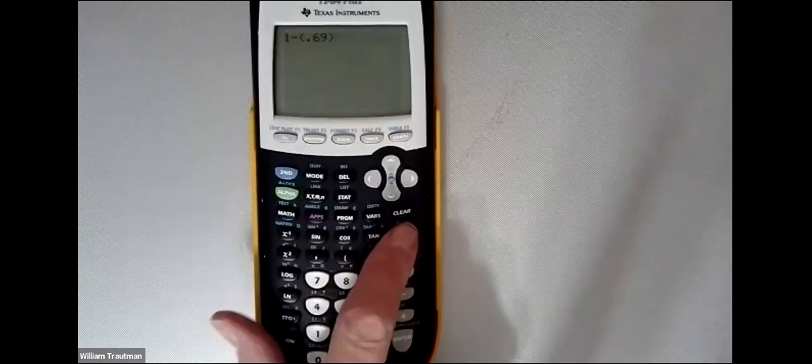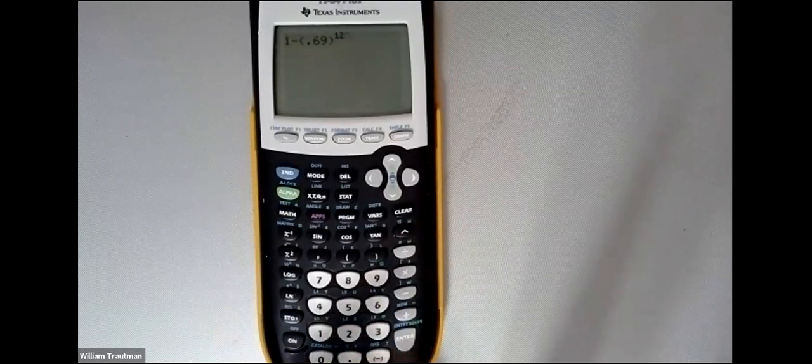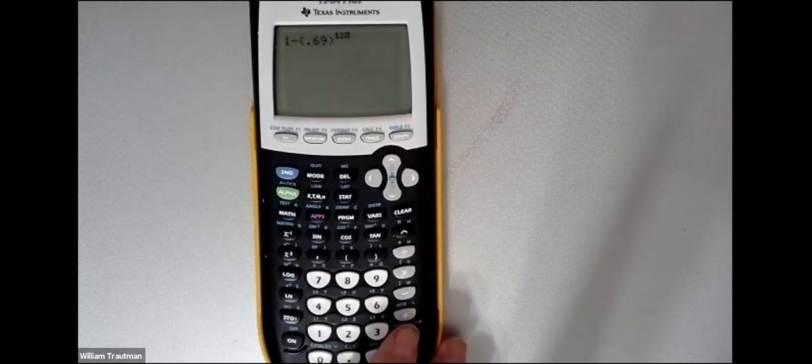1 minus parentheses 0.69, close parentheses, and I want to raise it up to the 12th because I'm multiplying 0.69 times itself 12 times.